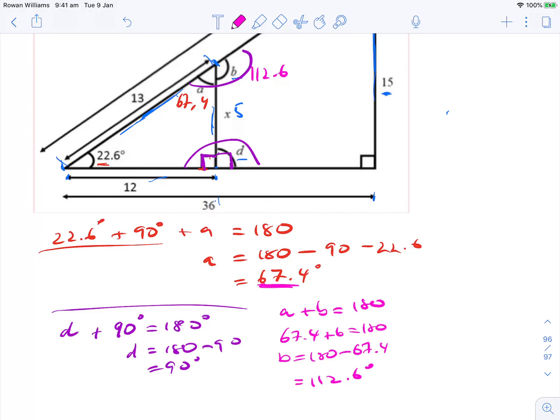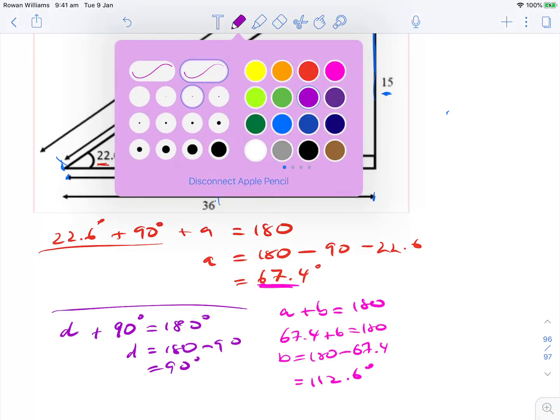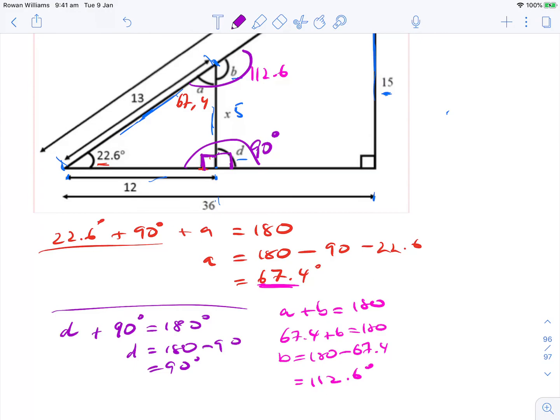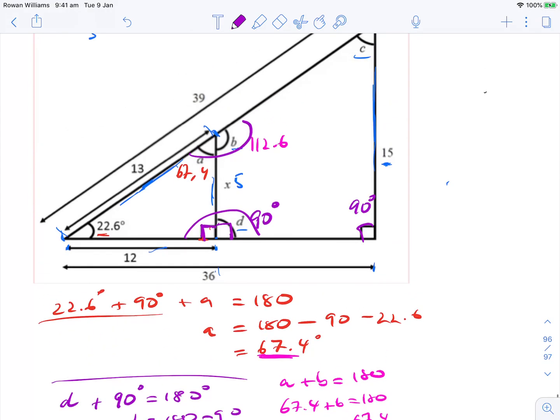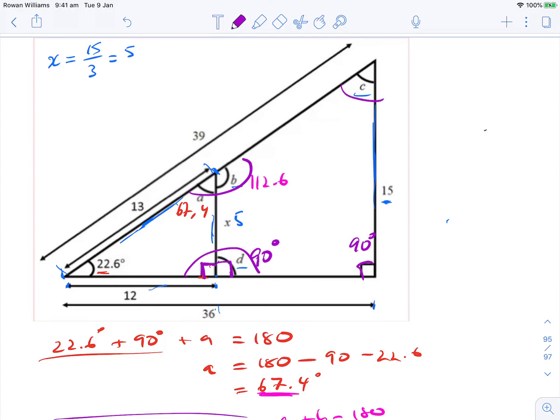So what have we got? 112.6, and we've got D is equal to 90. We know that this one here is also 90, and that leaves my final angle here, which we can use, the angles of any quadrilateral are going to equal 360. But we could even do that in a simpler way. We could have done this at the start. We've got an angle here.